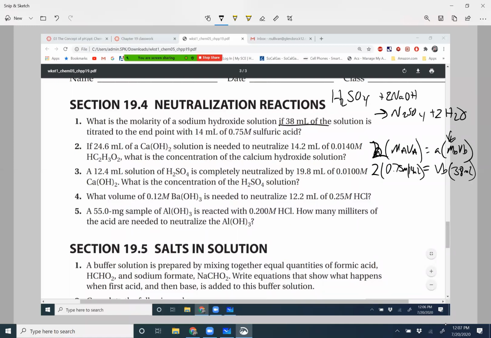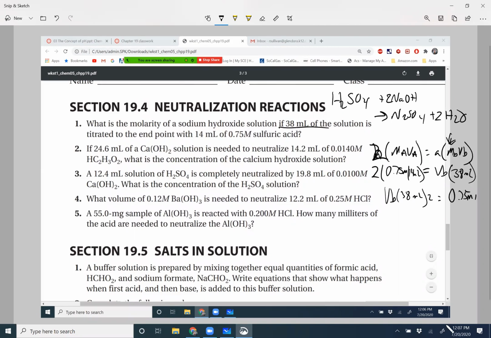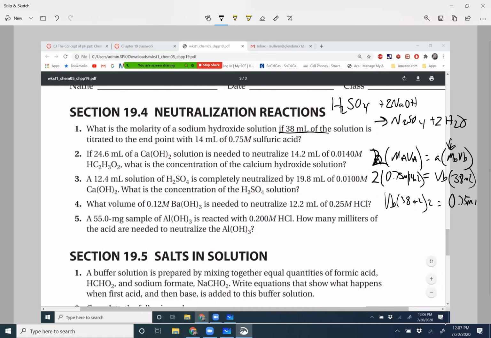So you can do this math however you want. You can move the 2 over here if you want, and then do VB, 38 times 2 is equal to the 0.75 molar times 14 milliliters. I need to move this since it won't let me write over there.